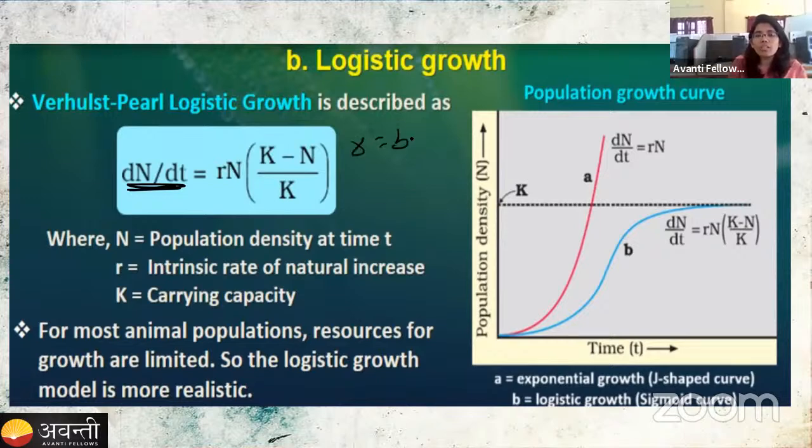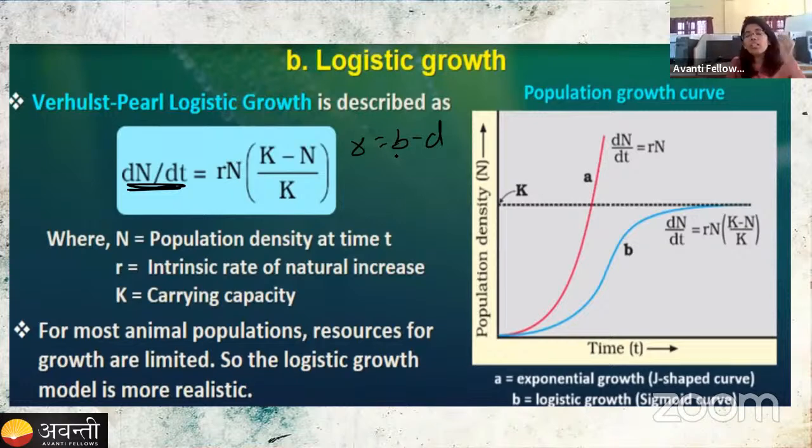R is equal to birth rate minus death rate. N, how many organisms were present initially at the starting time? Let's say we have 100 humans now. After 1 year, what is the number of the human population? How to calculate? That is what is called dN by dt.